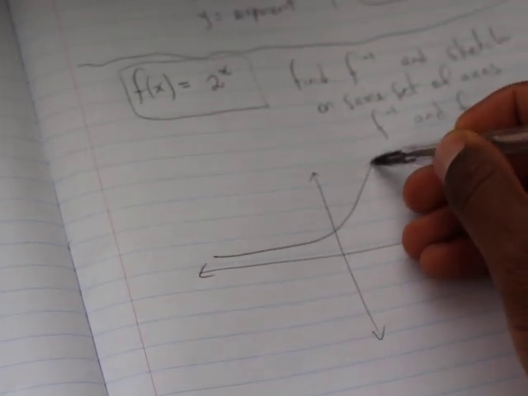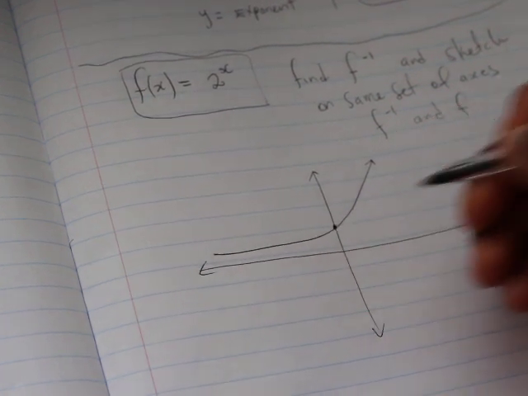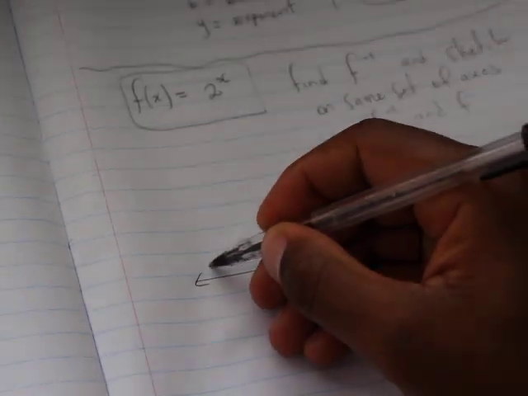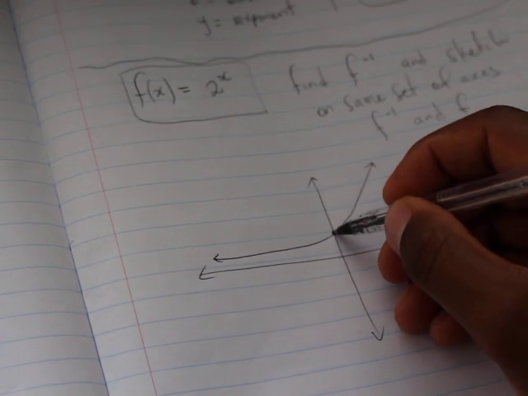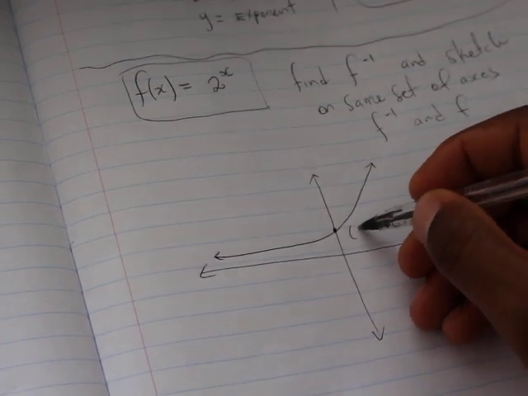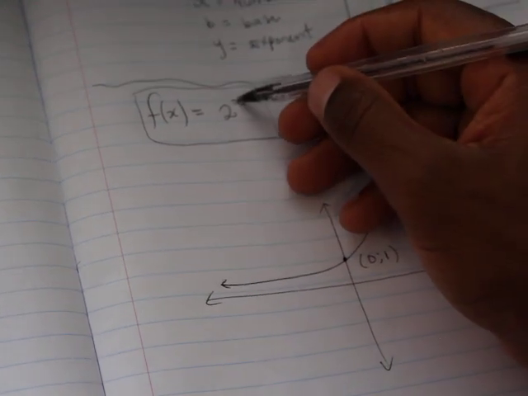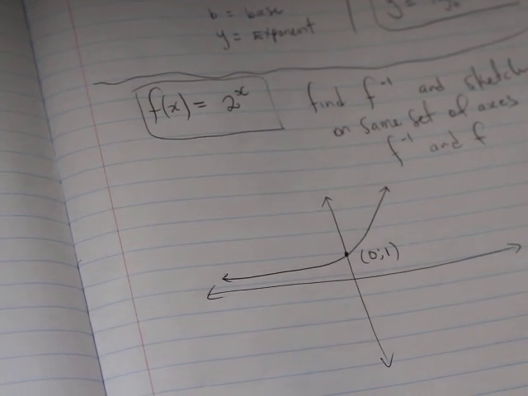We just need to figure out what the y-intercept is. We know this doesn't have an x-intercept, and I hope you know why. Here it's going to be (0, 1), because if you put 0 in place of x, you get 1. So that's why we put (0, 1).